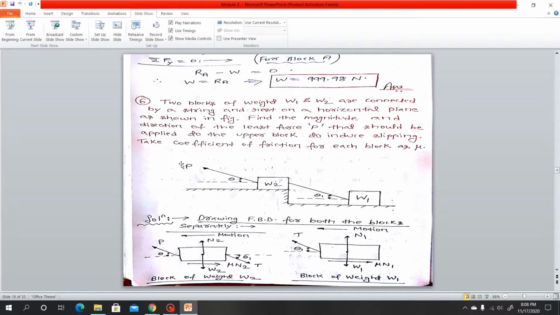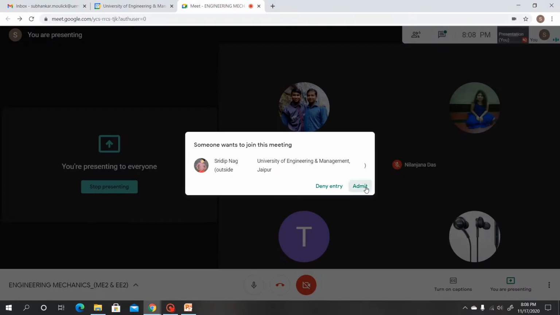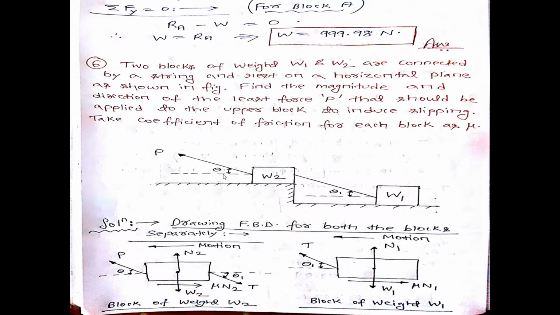What you need to find out is the least force, or the minimum value of force P, such that slipping will take place in the entire system. By slipping I mean that the body will start to move, or the entire system will be in motion.